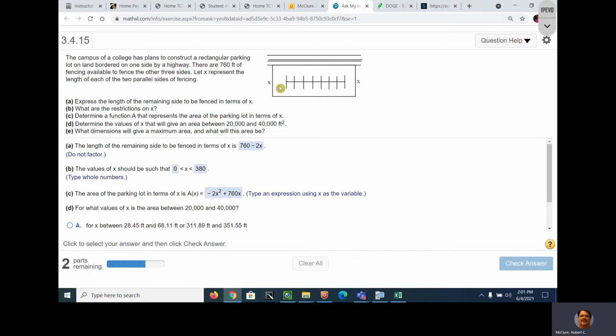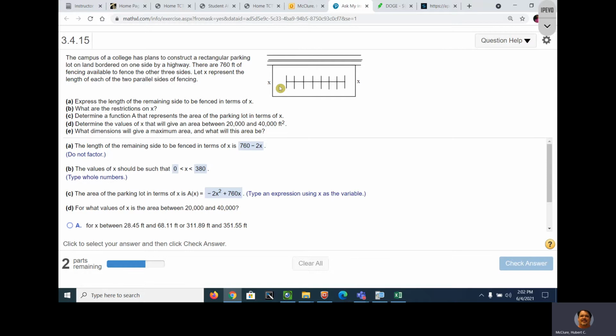Okay? And they say something to the effect of B, what values do you use for x? Well, they have to be positive because distance cannot be negative. Okay? Distance cannot be negative. So therefore, they have to be positive, so they have to be above 0. Your x's are going to have to be above 0.